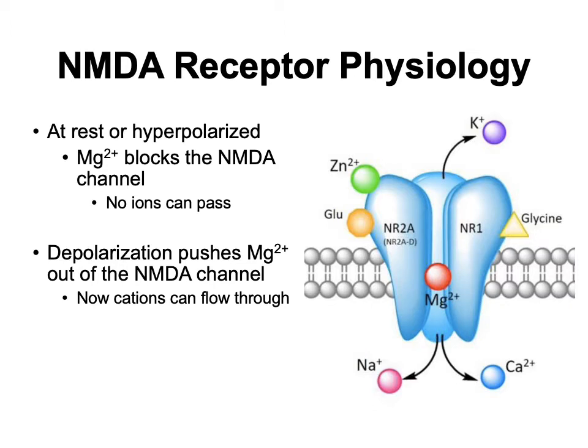No ions can pass. So when the membrane is depolarized, it will dislodge that magnesium out of the NMDA channel, and then cations can flow through, specifically sodium and calcium entering in and potassium flowing out.